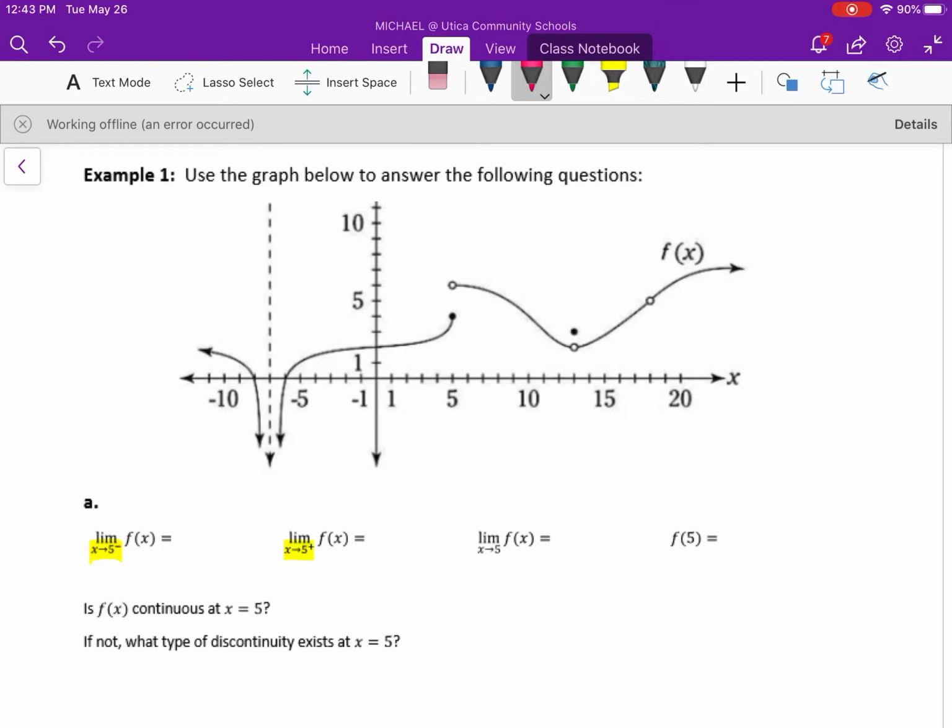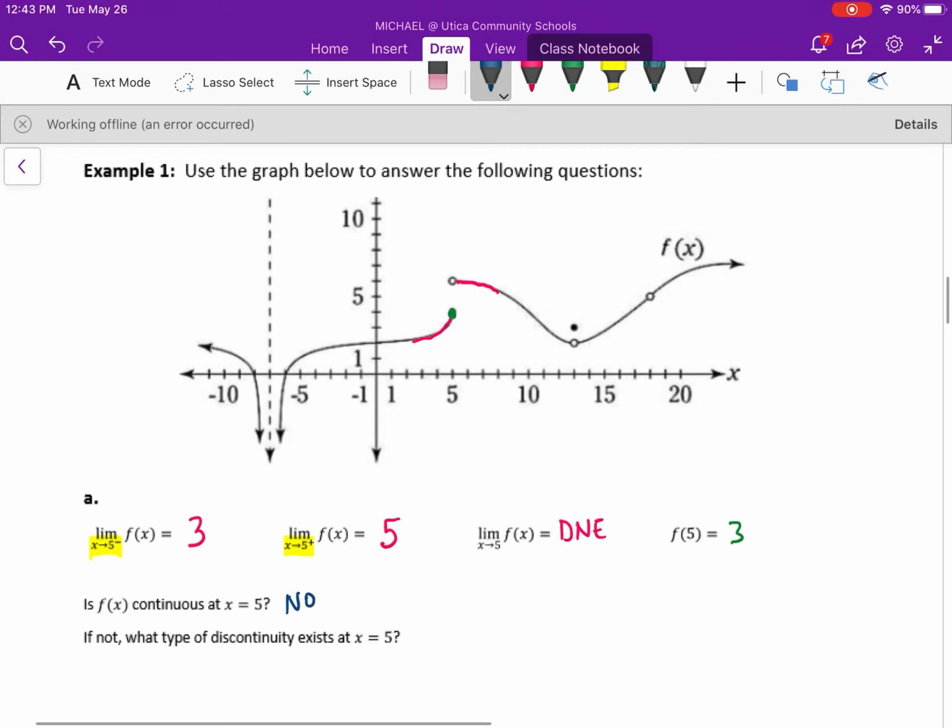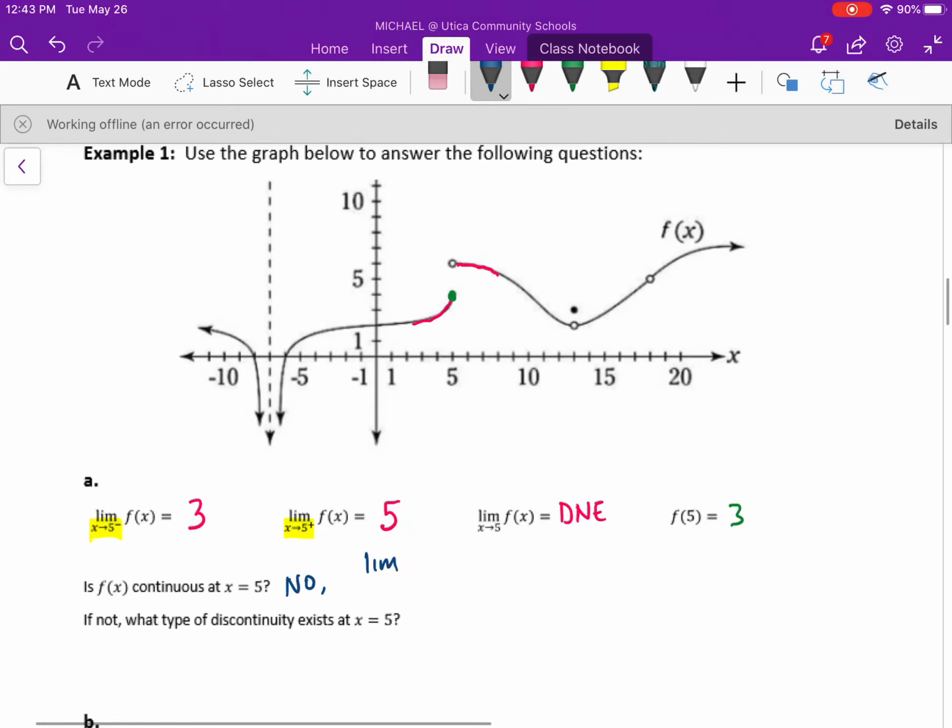So 5 from the negative gets closer and closer to 3. 5 from the positive gets closer and closer to 5. So because those are not the same, the limit does not exist. And the function value is right there, which is at 3. So is this continuous? The answer is no, just by looking at it. But the reason it's not continuous is that first part.